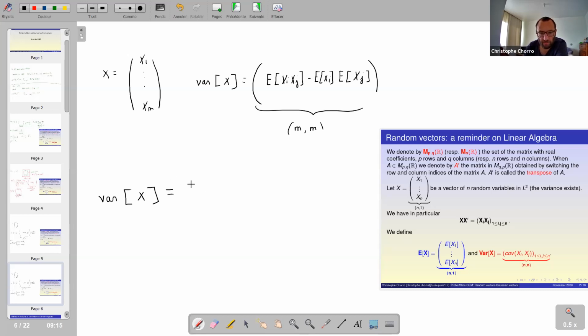I can write it simply as the expectation of the vector x minus the expectation of x, and keep in mind that the expectation is this column vector here, multiplied by x minus the expectation of x, transpose.